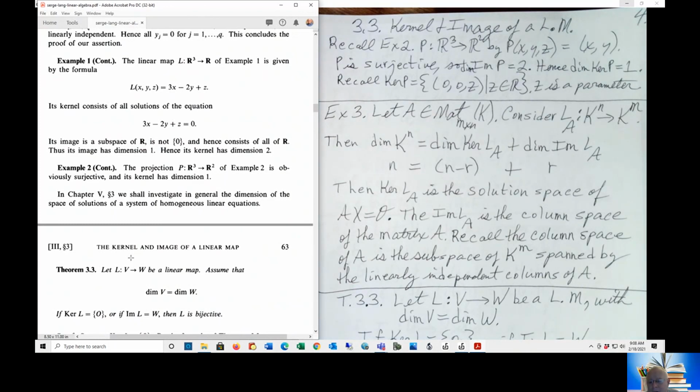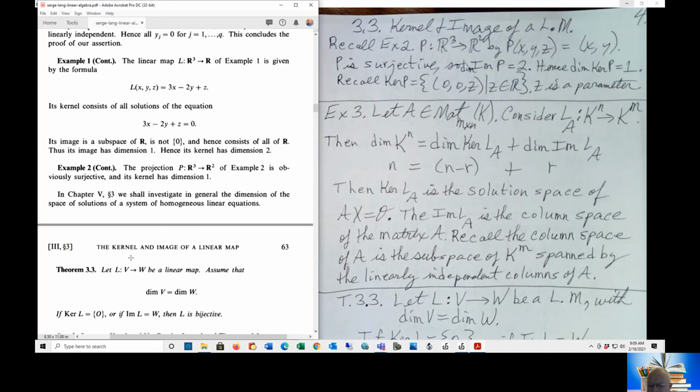Then the dimension of Kn, which is n, equals the dimension of the kernel plus the dimension of the image. Now let's call the dimension of the image r, lowercase r. We're going to find out later that this r stands for the rank of the matrix A. The rank of a matrix is the number of linearly independent rows or columns of the matrix. And so that would mean that the dimension of the kernel would be n minus r.